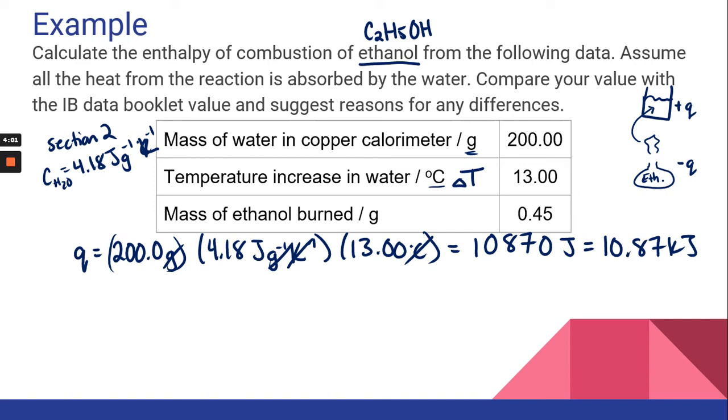Now if we look at a balanced reaction, that's for moles of ethanol. We didn't burn a mole of ethanol, we burned 0.45 grams of ethanol. So to be able to equate this to the value in the data booklet, we need to figure out what this is per mole. So we're going to convert grams to moles.